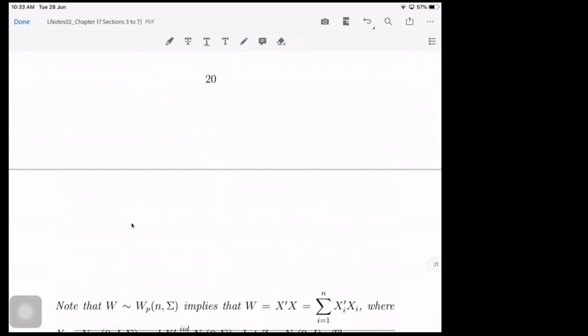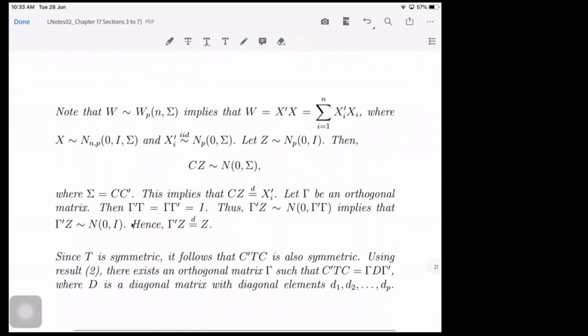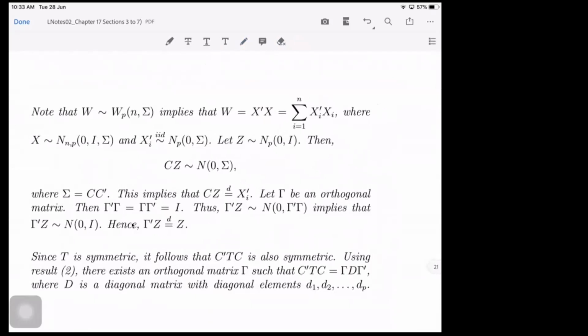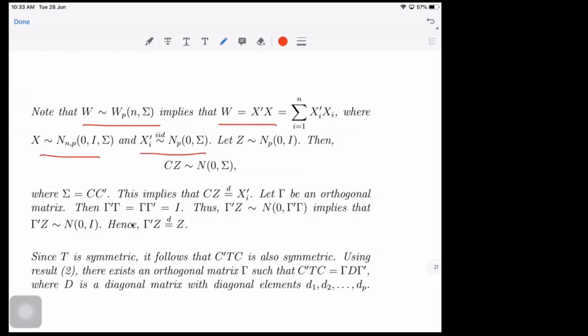To get the moment generating function of W, you note that W is Wishart, and by definition, that is how we get the random variable which is Wishart distributed, with the assumption that the X's are independent and normally distributed.